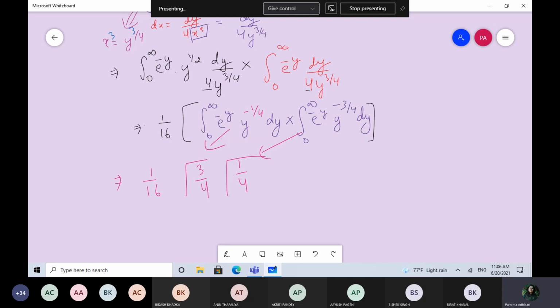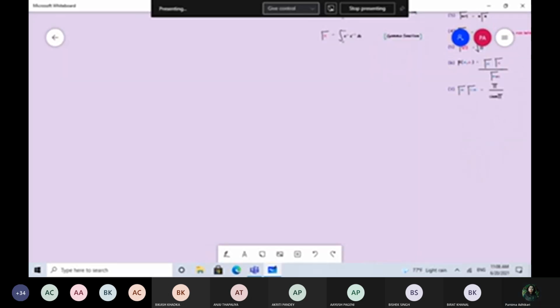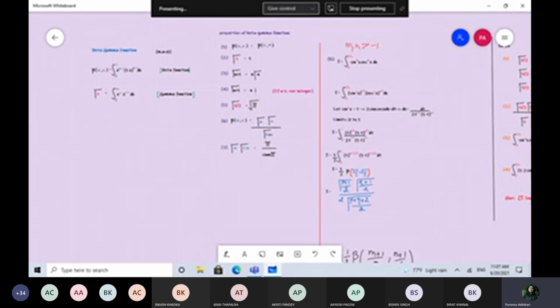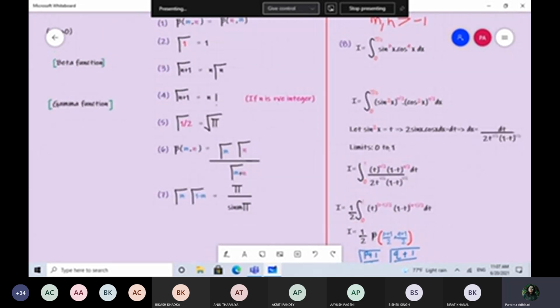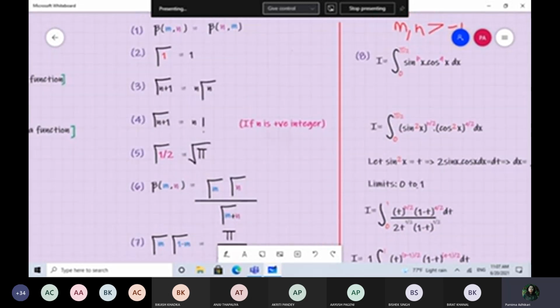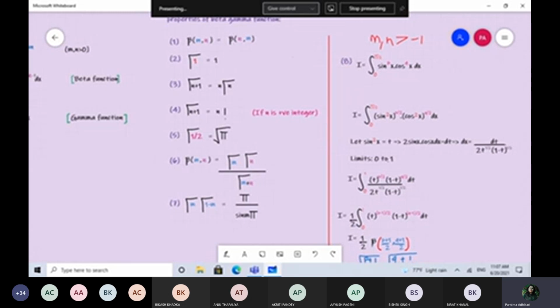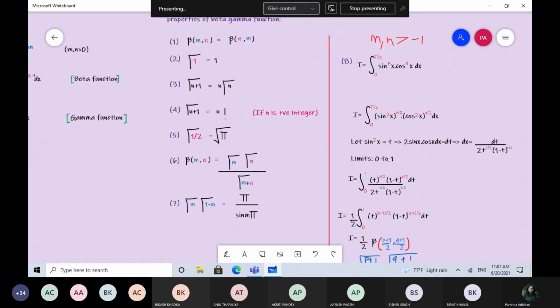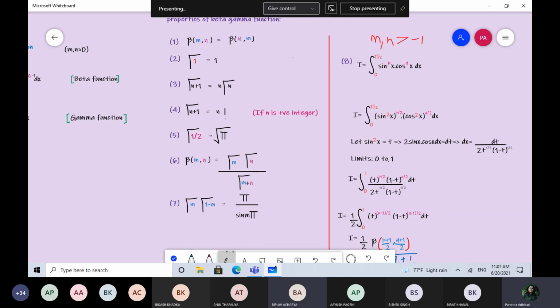Okay, let me show you the properties. What are you going to apply here? One of you said something, maybe correct. Number 7. Very good. We are going to use property number 7.